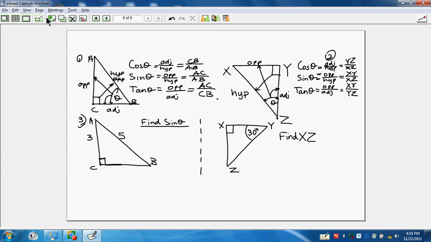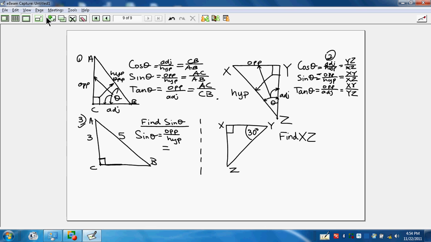And we know that sine theta, from SOHCAHTOA, is opposite over hypotenuse. In this case, opposite would have to be identified relative to the angle. The angle is not stated there, so we'd have to locate the angle first, and then we could find the opposite.